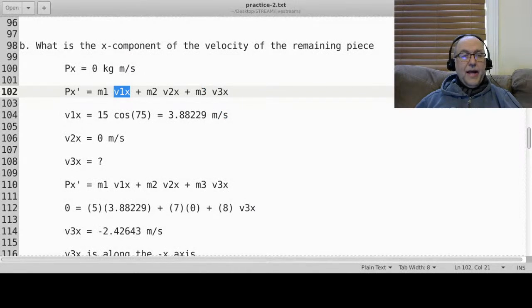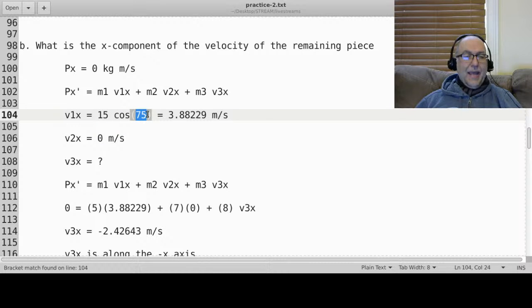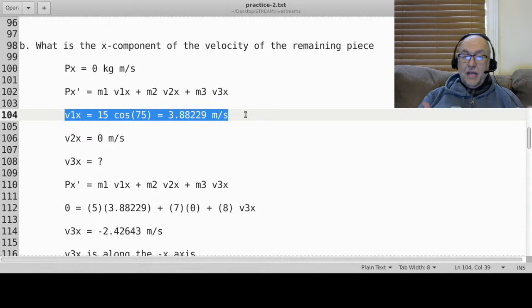And you say, how do I calculate that? Well, the same as we've always done. It's basically the magnitude times the cosine of the angle, and cosine for x. All right, so that number is now different. Before it was 15 because it was purely along the x direction, but now it's at 75 degrees to the plus x direction, so it's 15 cosine 75.